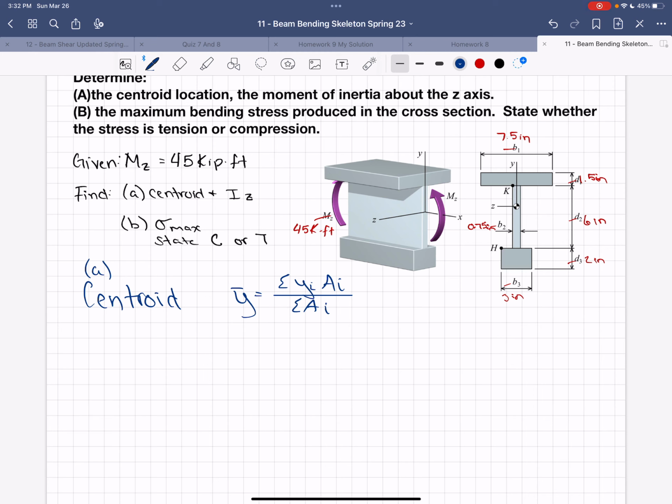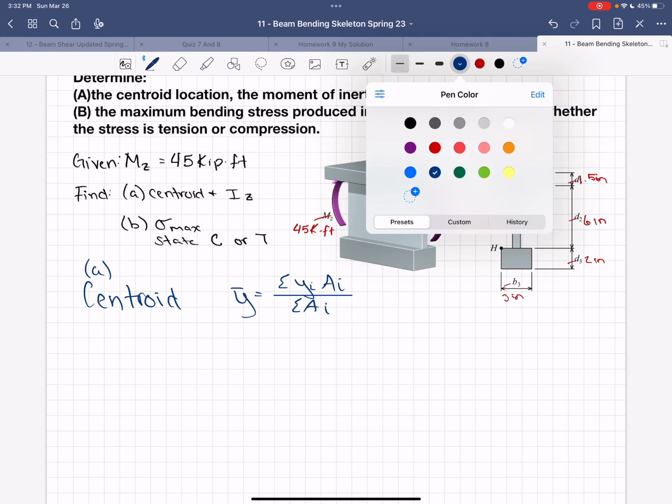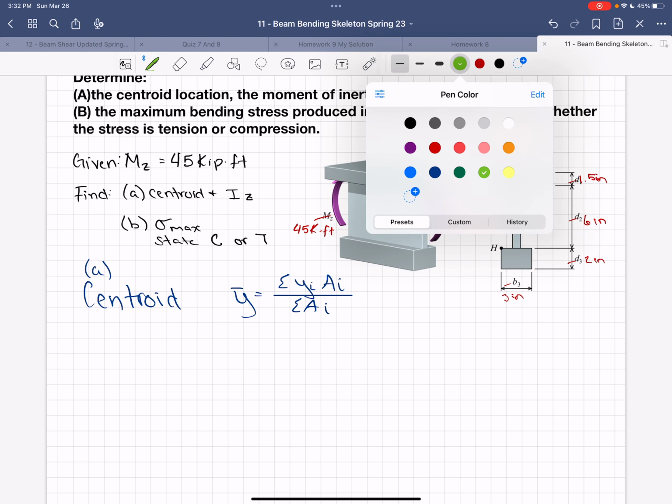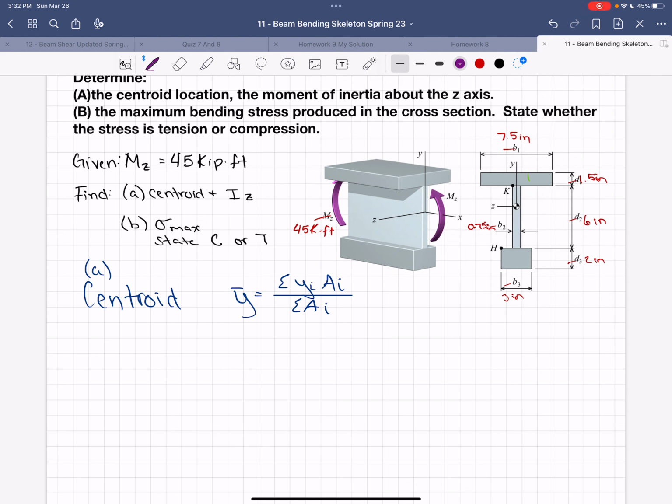I'm going to start at the top, and we're going to have part 1, part 2, and part 3.